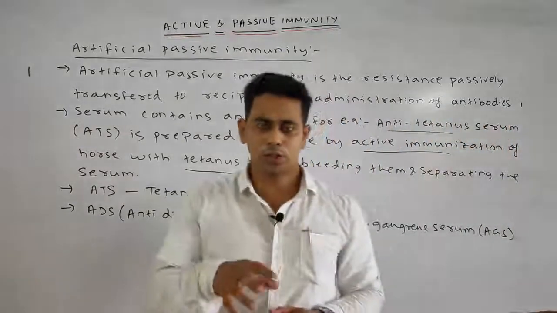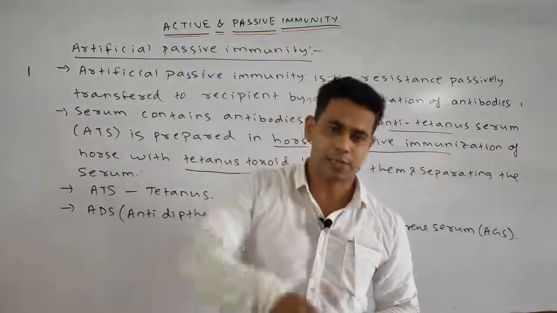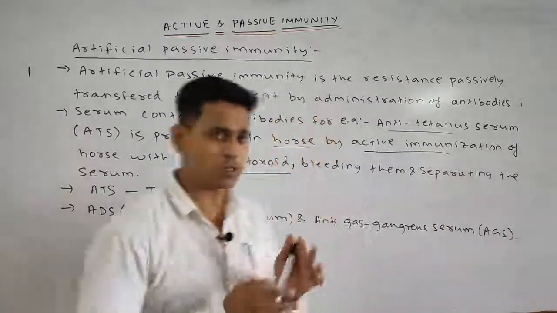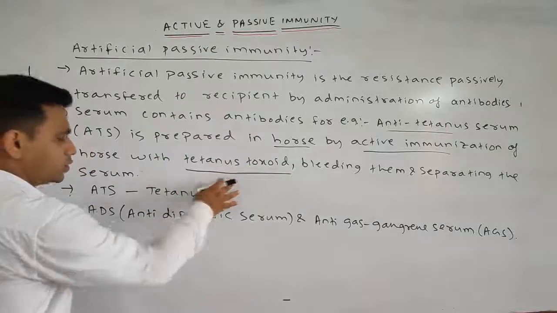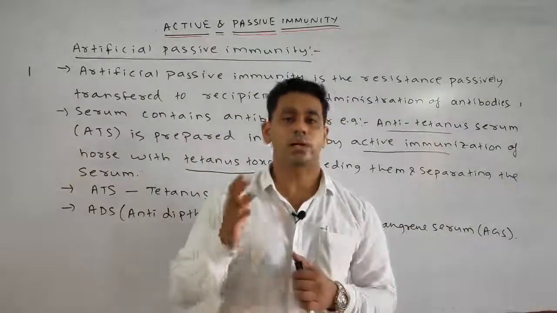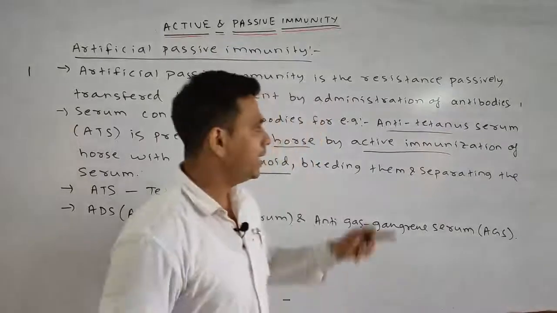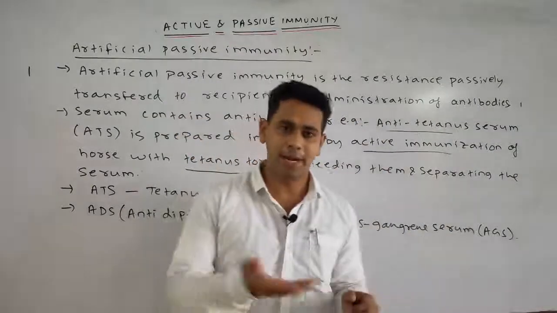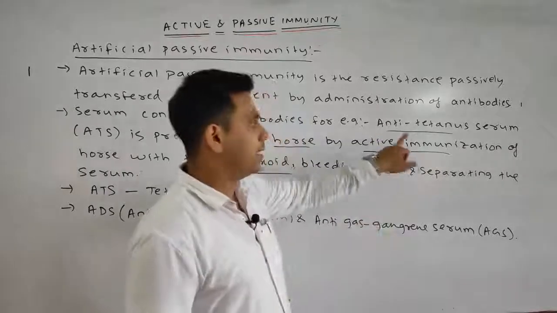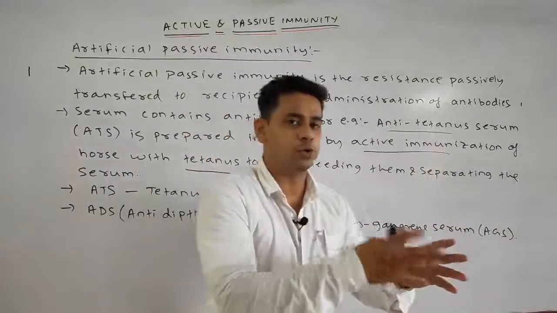The horse is exposed to the tetanus toxoid, by which it develops the antibody, the anti-tetanus serum, and by bleeding and separating the serum we obtain it and introduce it into the recipient's body.